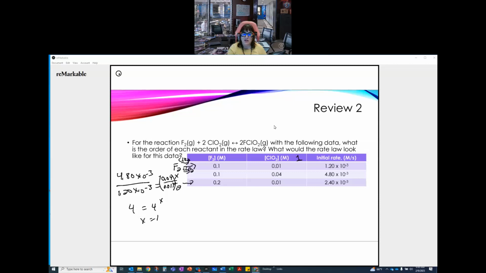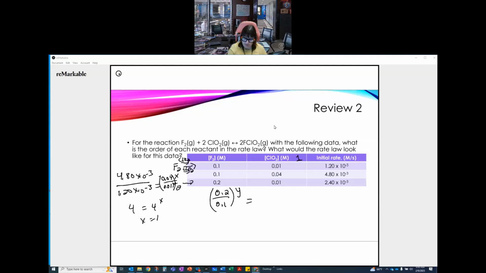Okay, awesome. So that means my ClO2 is 1, and I go ahead and write that there just so I can keep track of it. That's how I handle it. When we look at our F2, we see that that second row is 0.2 over 0.1, and I'm writing them in the other order this time. This is going to be a different exponent. It may be the same, may not be the same, so we use a different letter for it.